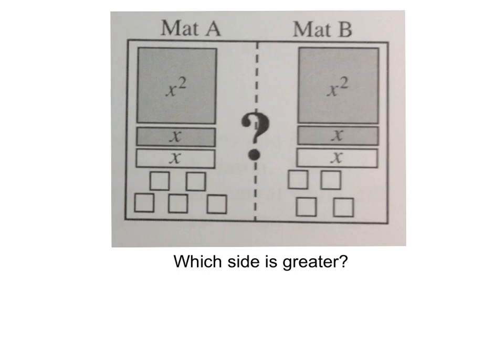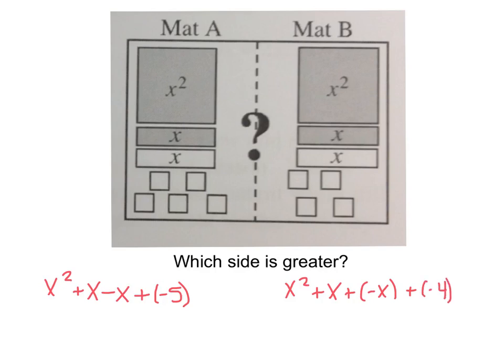Let's try it with this mat. Alright, we have mat A, which has x squared plus x minus x plus -5, and mat B has x squared plus x plus -x plus -4.